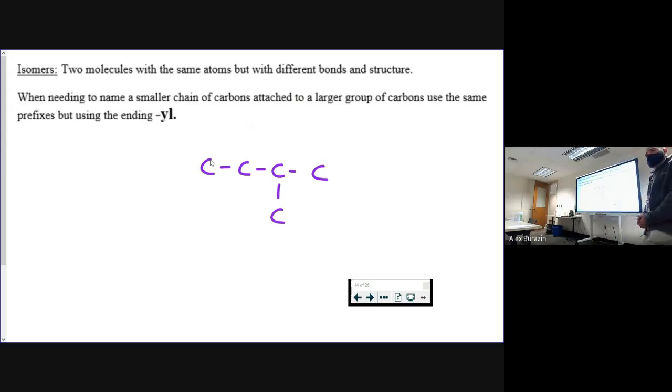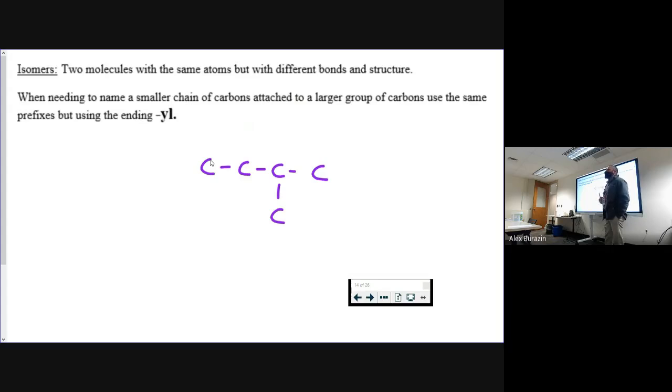What's the prefix for 4? But. So this is butane, but I've got another carbon hanging off of it. So how do I name this other little piece hanging down here? We'd call it methyl. We add a yl to it. So this would be called methyl butane.